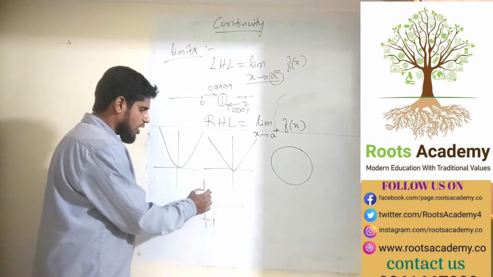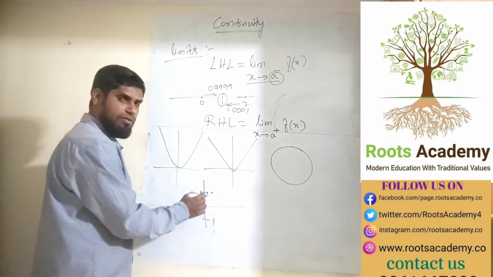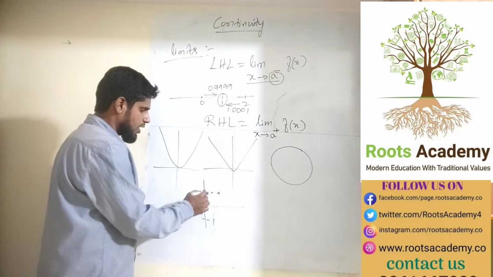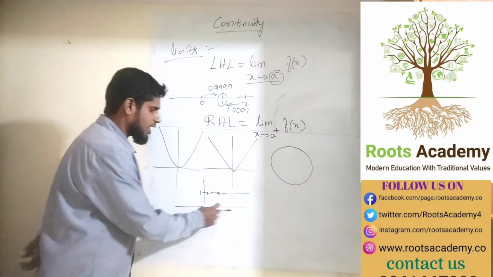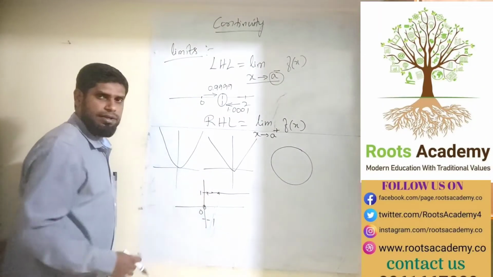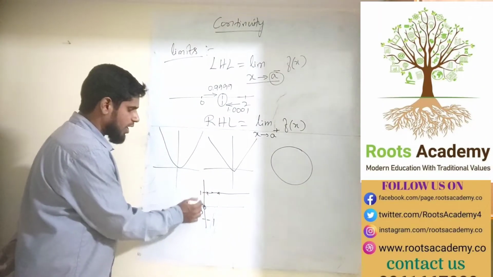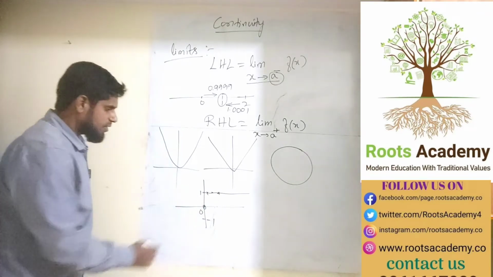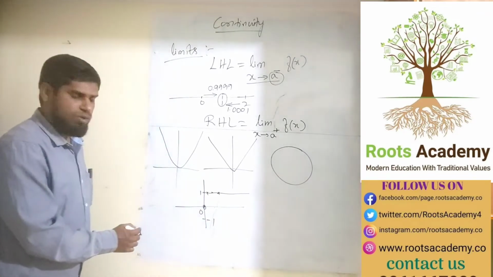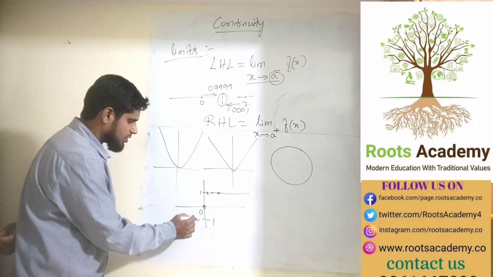If I take 2, I should mark 1 again, and it continues like this. For every value of x greater than 0, it is 1. But here from 0 to 1, I jumped. There is no continuity here. In the same way, if I take any negative value, the value will be -1.